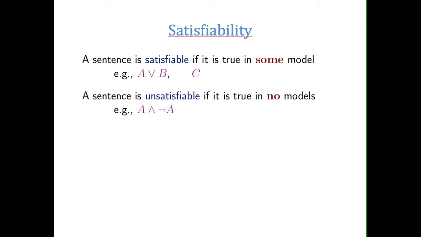And similarly, some other proposition like C is satisfiable because it could take on the value true. On the other hand, a sentence is unsatisfiable if there is no model in which it's true. So for instance, a sentence like A and not A is never true and thus unsatisfiable.